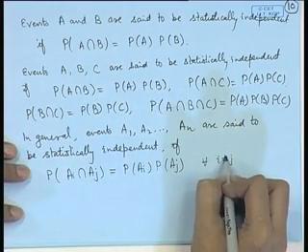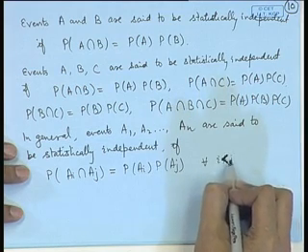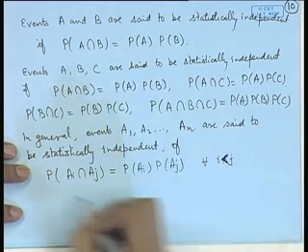You may write in one way only, because there is no need to write for i less than j and then for j less than i. So, you may put i less than j.